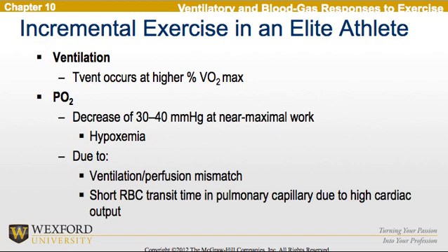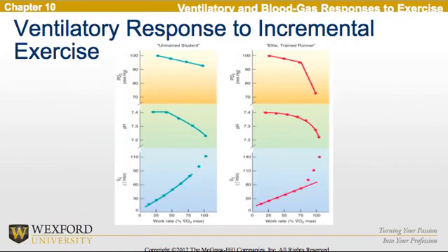This is due to the ventilation-perfusion ratio mismatch, and we also see a shorter red blood cell transit time in pulmonary capillaries due to a high cardiac output. The two charts below represent the ventilatory response to incremental exercise in untrained and elite athletes.